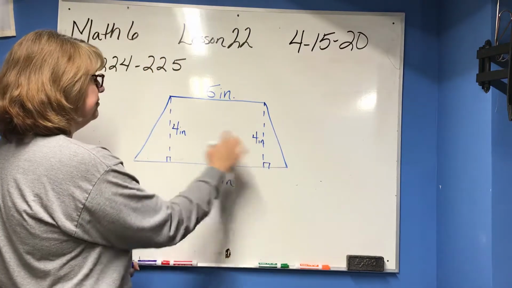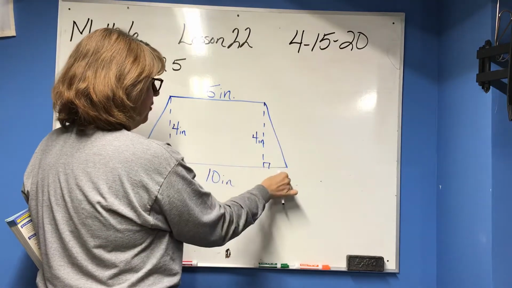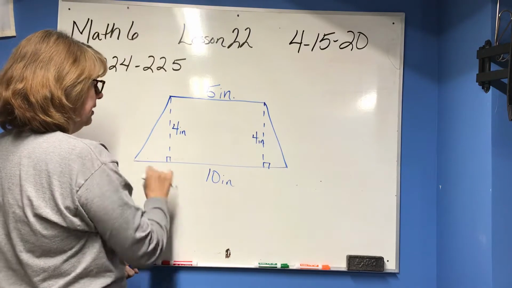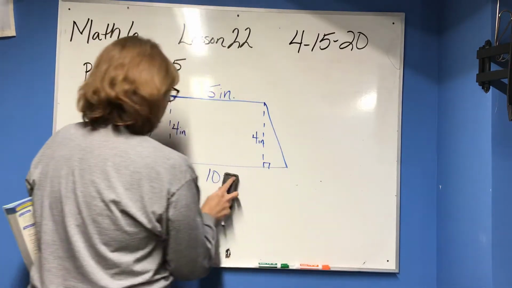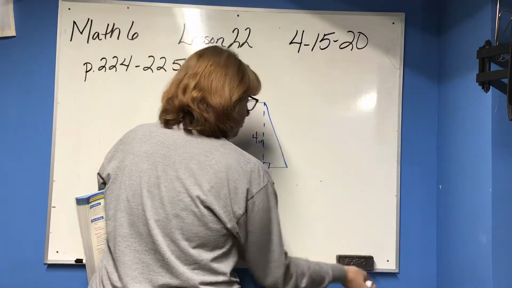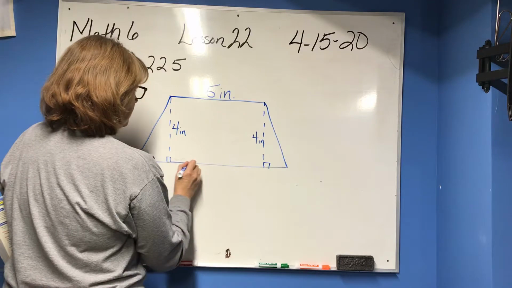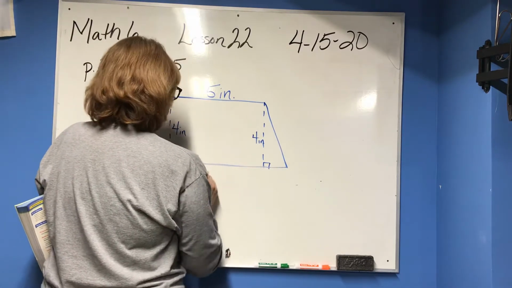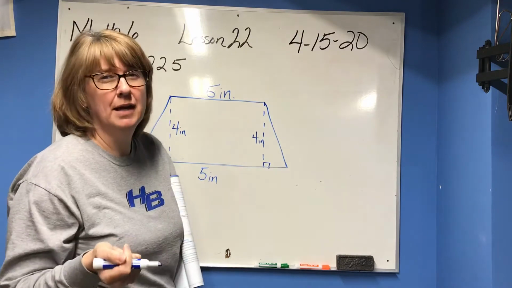Now they've divided this. Can you see it? I've got a rectangle in here, and a skinny triangle here, and a skinny triangle here. But what's interesting is they changed this number. If you notice, this distance is 5 inches. Well wait, I just had 10 and I erased it.